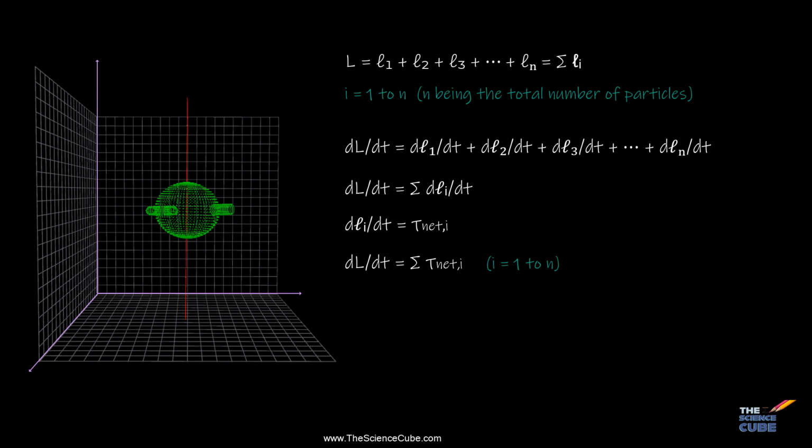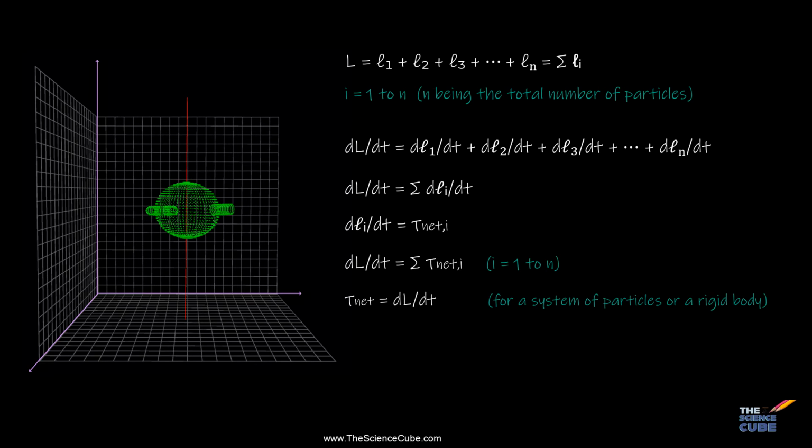Therefore, the torques that can alter the total angular momentum of the system would be external torques only that act on the system. So, if tau net represents the net external torque on the system, we can write this equation as tau net is equal to dL upon dt for a system of particles.